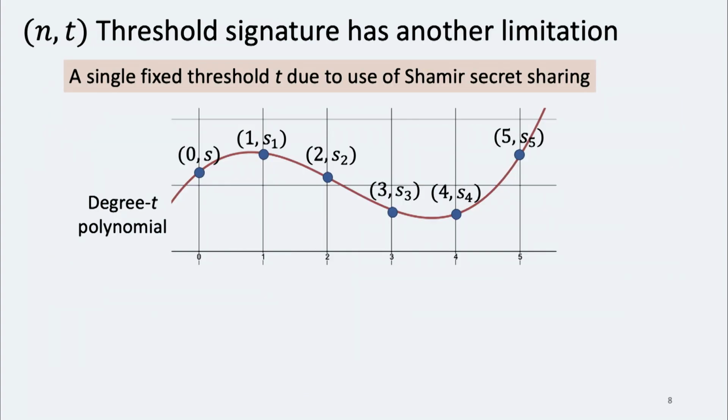But let me also mention that there is another limitation we hope to address in traditional threshold signature. That is, it can only do a single threshold, because we need to set up the secret keys. If your signing keys are set up to produce threshold T signatures, that's the only threshold you can produce.